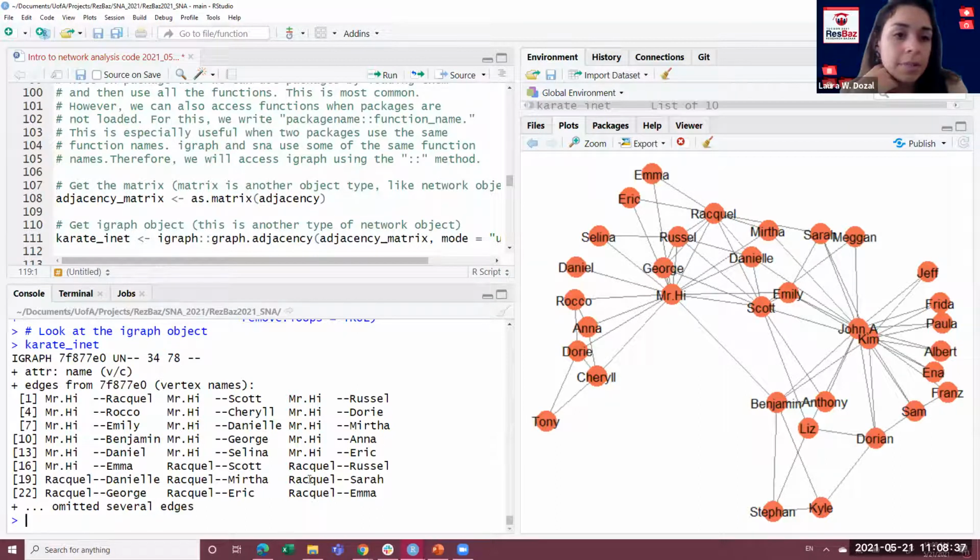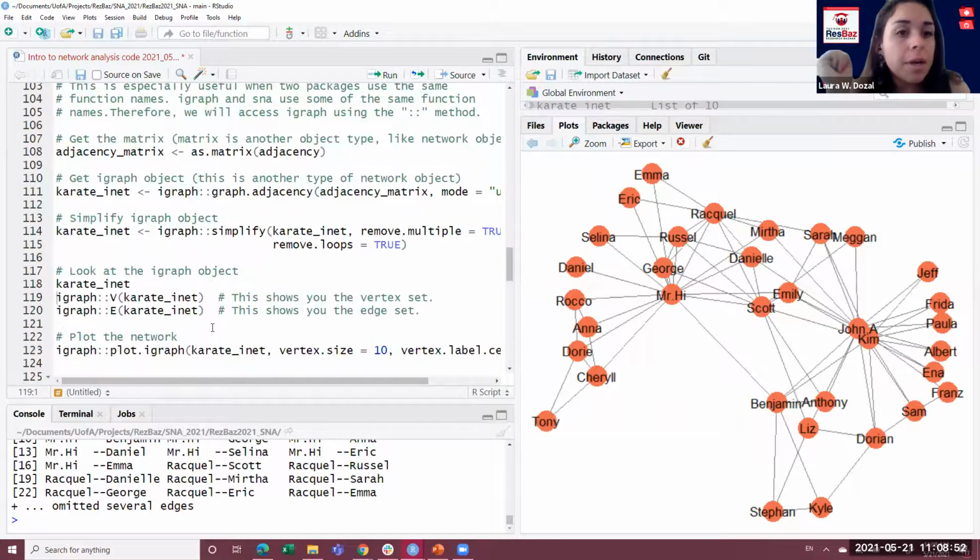And our vertex names. Here it doesn't show you a full overview of what's going on, but it gives you an understanding of who Mr. High is connected to, and then Raquel and so on and so forth. But we can look more into it while we look at the vertex, or node, and the edge set.